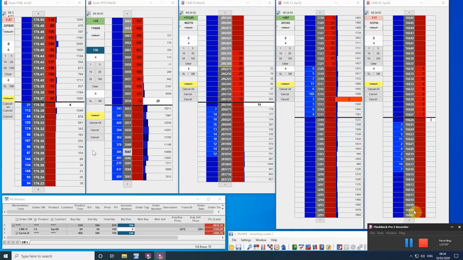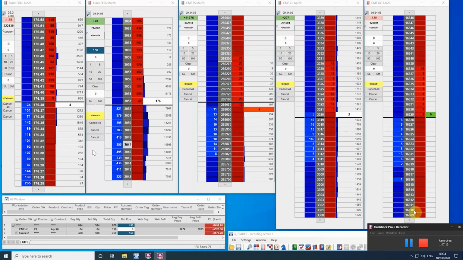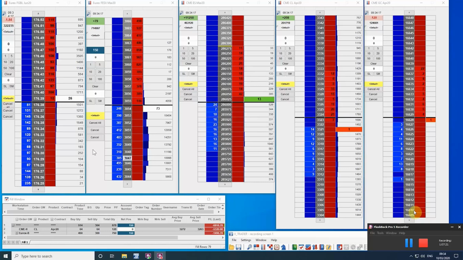And the buyer's still very happy to absorb. Quite a small offer into 53s. Not much interest at 54s from the seller. Again, quite small offers.